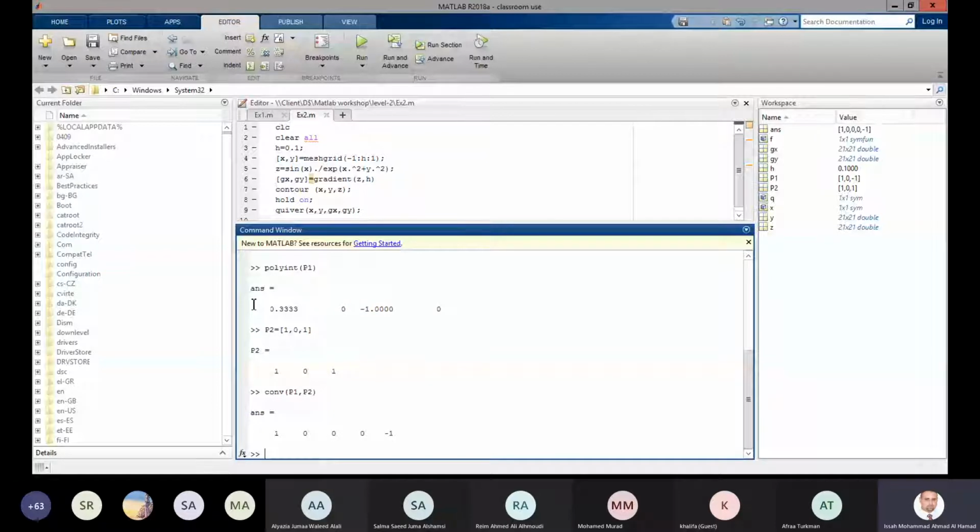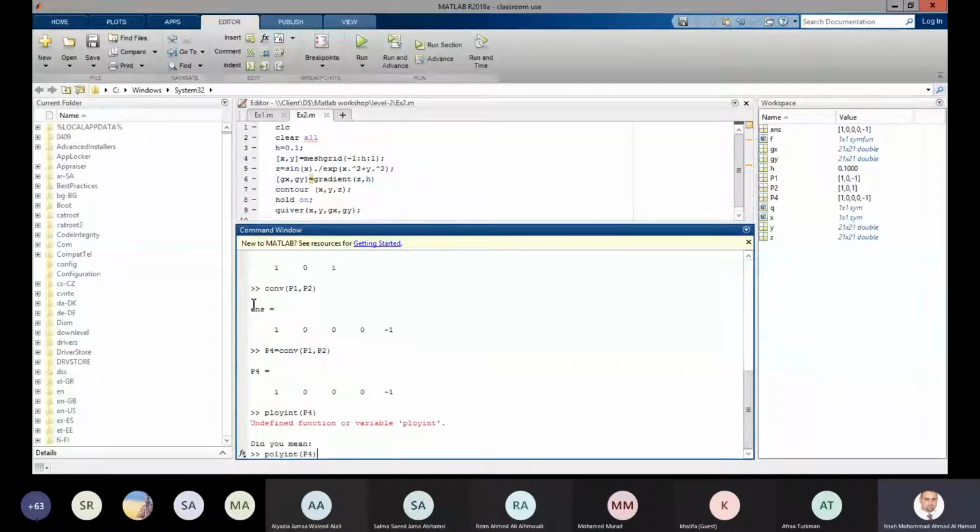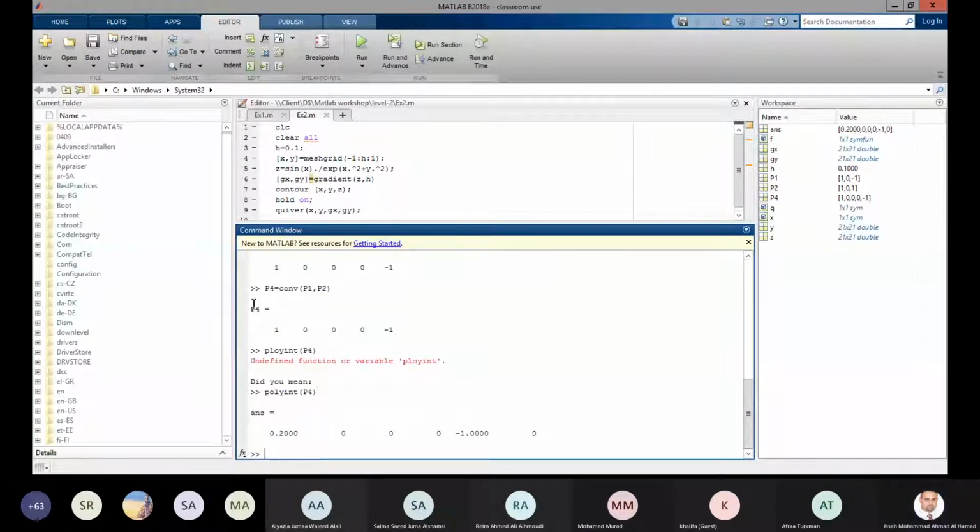Then, again, I can call this P4, for example, and find polyint for P4. Okay, so this is how you deal with the exact integration of polynomials, and using the symbolic function, you can find any integration you like.